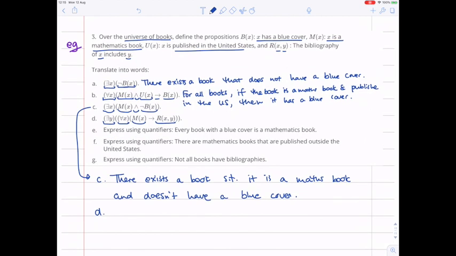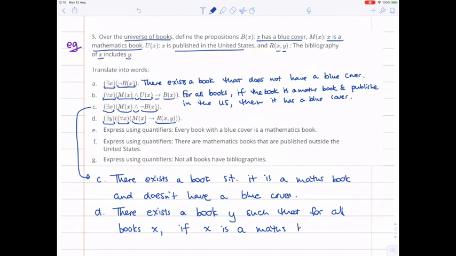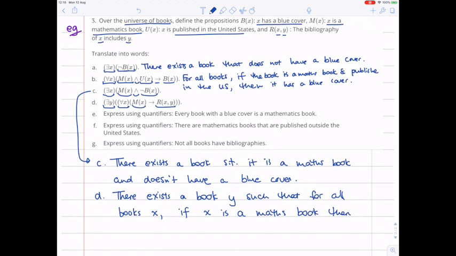So I'm going to use X and Y when I write this out. So there exists a book Y such that for all books X, if X is a maths book, then the bibliography of book X includes book Y. So once we start having multiple variables in a proposition and you're translating into English, it's helpful to just use the same symbols.